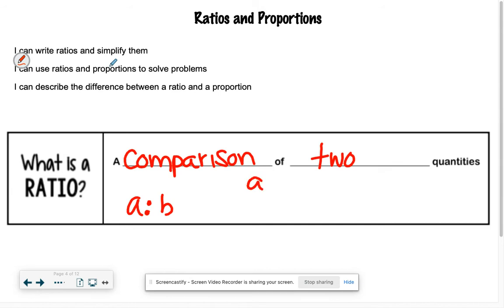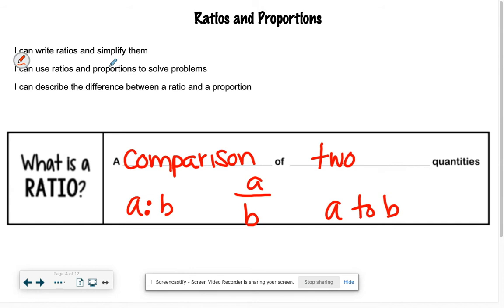You could write it as a fraction. Or with the word "to." Those are all different ways to write a ratio. And all you're doing is just comparing two numbers. That is it.